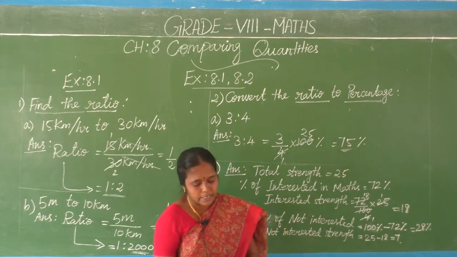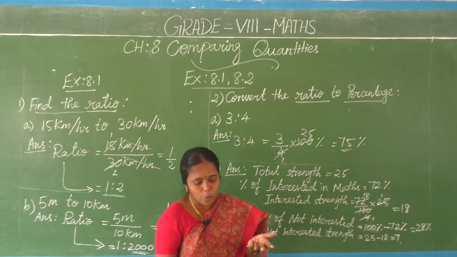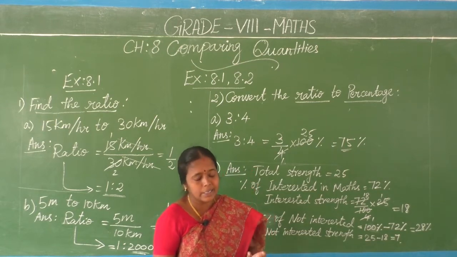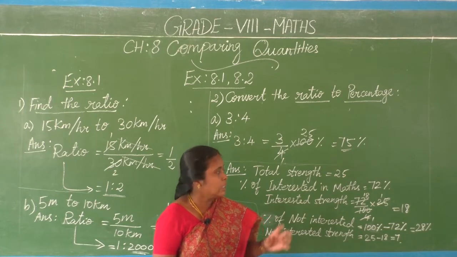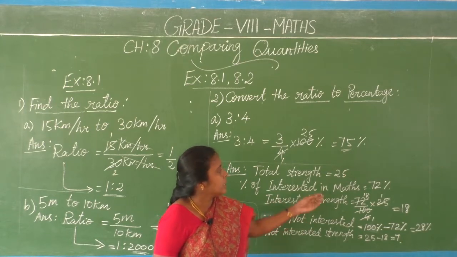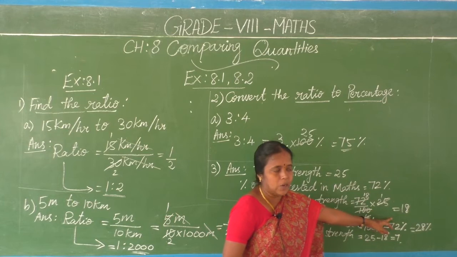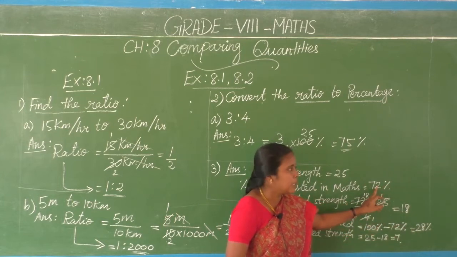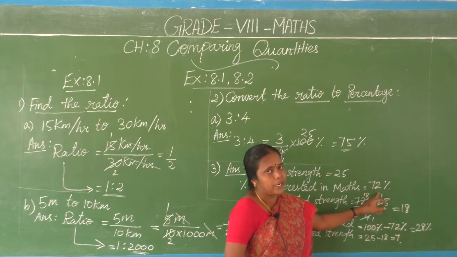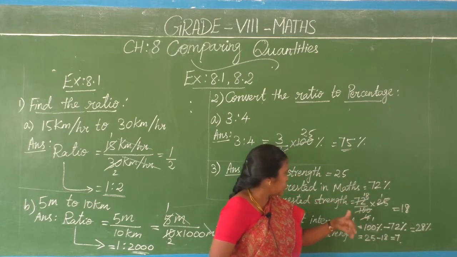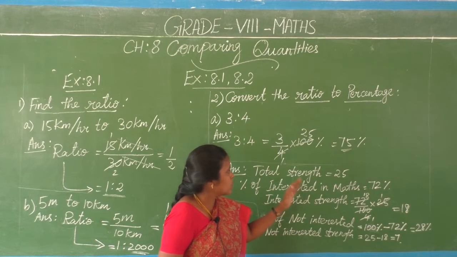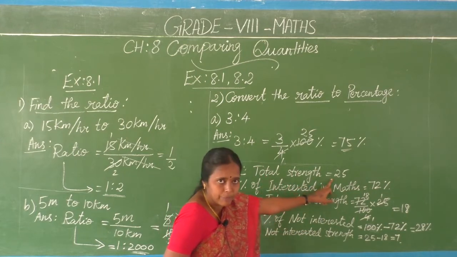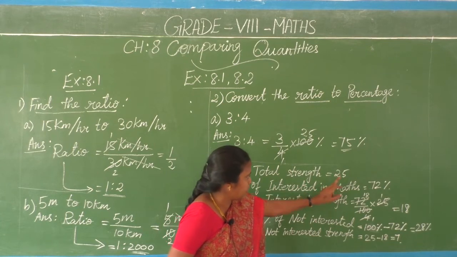But here they are asking how many students are not interested in maths. So first of all we have to find, number-wise, how many students liked maths. The given clue is percentage-wise, and that has to be converted into a number. The total strength is 25, so in a class there are 25 students.